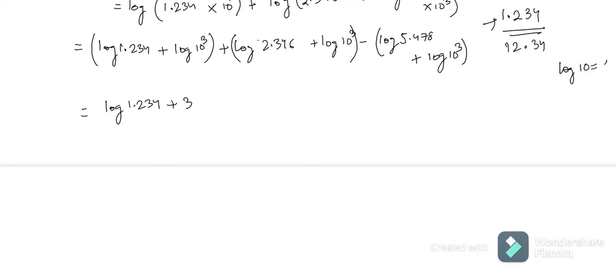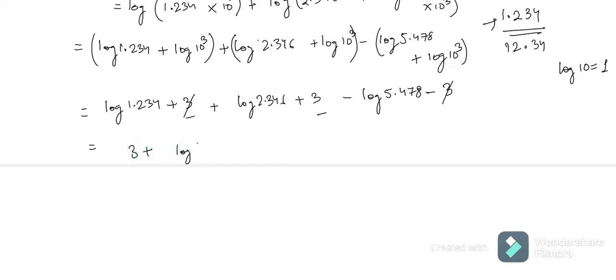So 3, plus log 2.346 plus again 3, got it, minus log 5.478 plus into minus gives us minus 3 log 10. Log 10 is only 1, so the 3 and the 3 get cancelled. So it is 3 plus log 1.234 plus log 2.346 minus log 5.478. Understood?